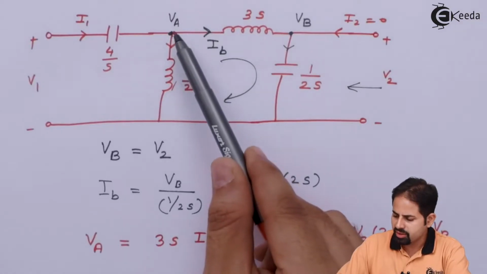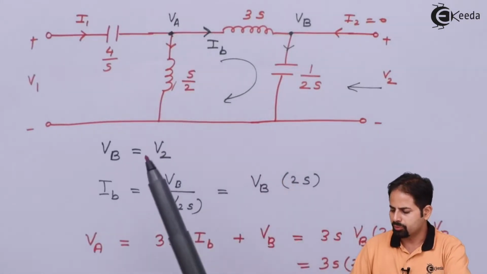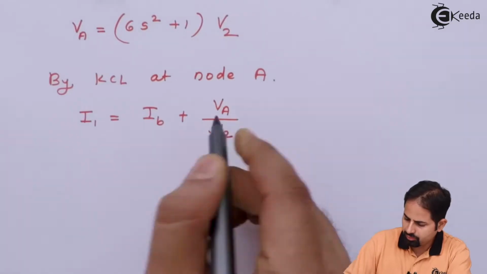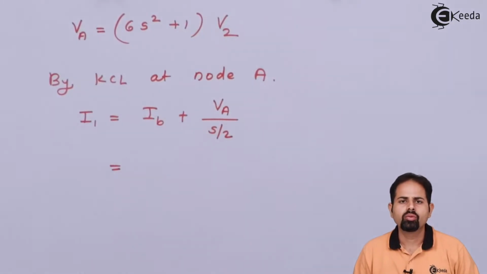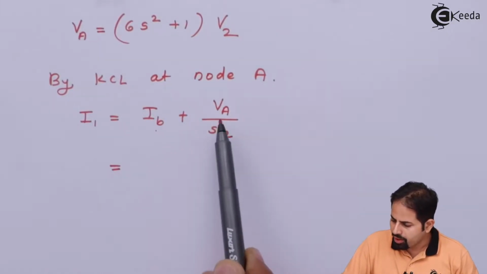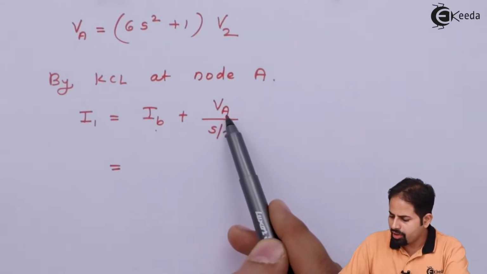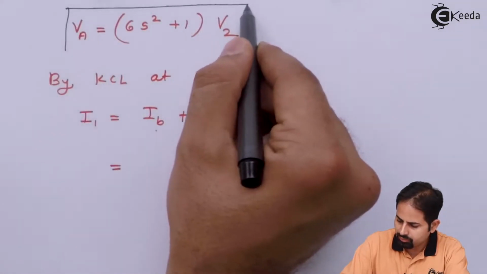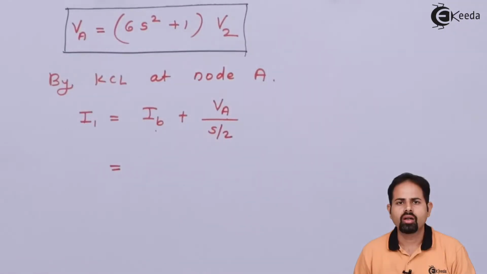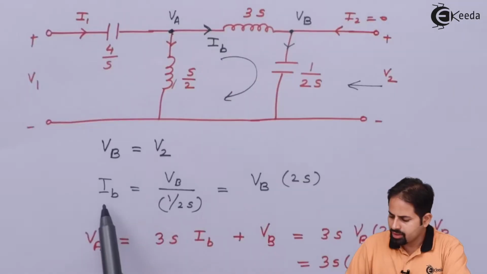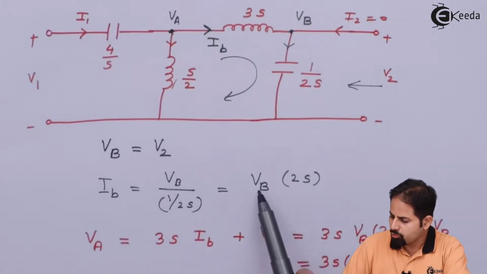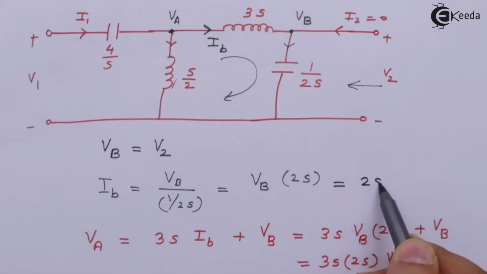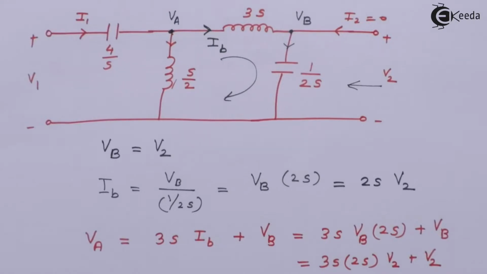So it will be VA divided by s by 2. Now the IB value and VA value are required. Already we have got VA equal to this. IB is 2s into VB, which is 2s into V2, which we have written here also.